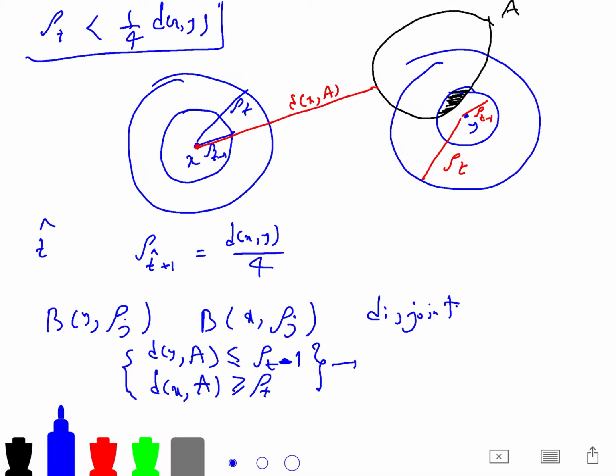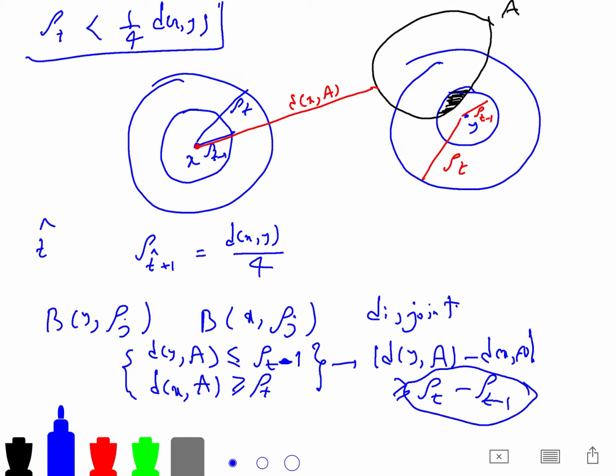Combining them, we can easily see that the absolute value of d(y,A) minus d(x,A) is greater than rho_t-1. And this is interesting because we can do lots of things like, for example, telescopic sums. So it has useful properties.